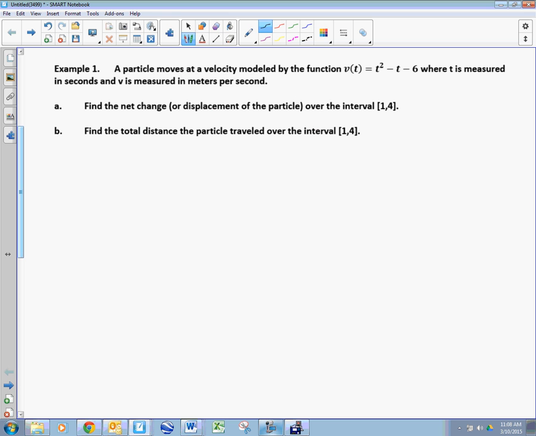All we have to do for part A is take the integral from 1 to 4 of t squared minus t minus 6 dt. That will, in fact, give us the displacement.